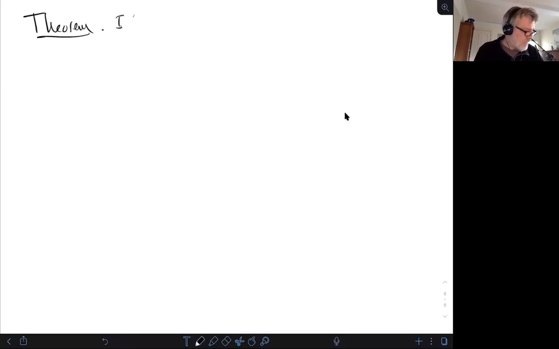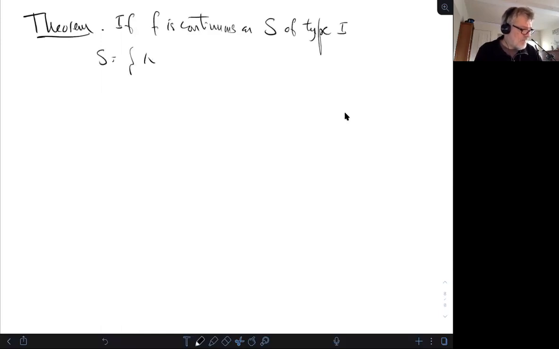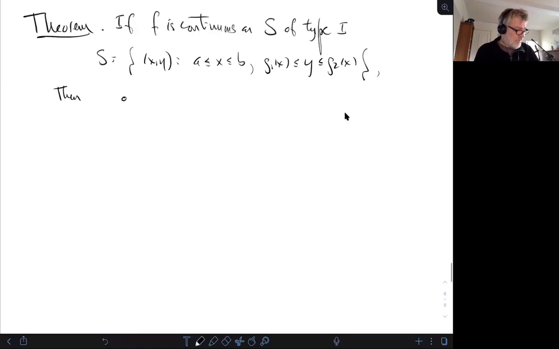If f is continuous on S, let's say S is of type 1, then we can compute the double integral of f over S as follows.